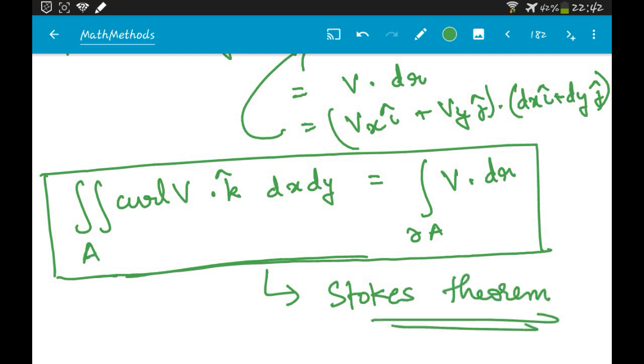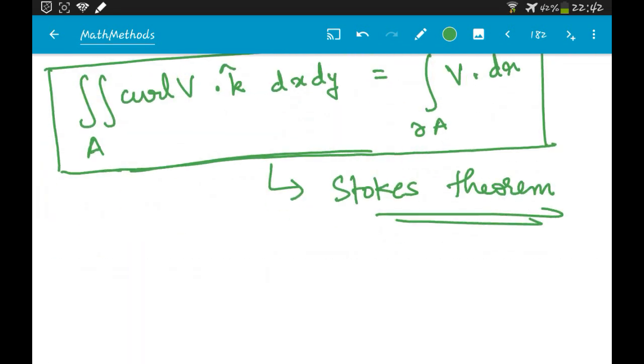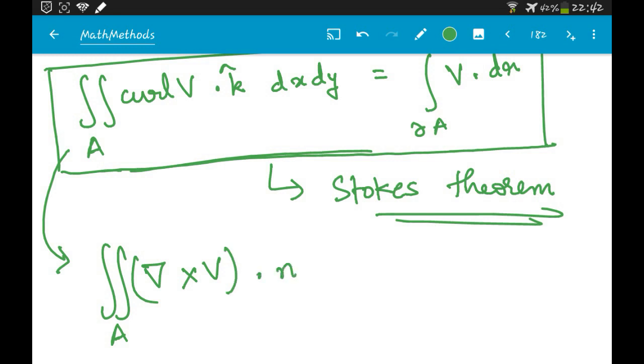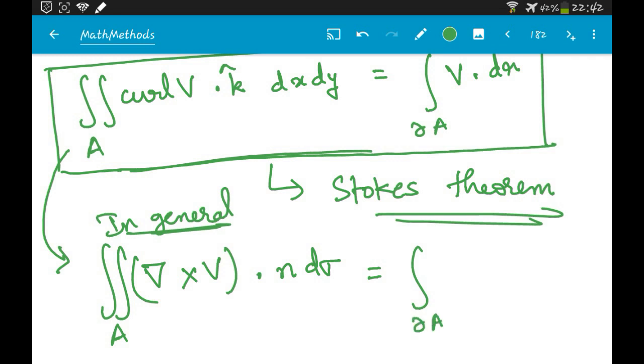This can also be written as the double integral over A of del cross V dot n d sigma. So in general, the following form that I am writing is the general form: n d sigma is equal to the line integral over dou A of V dot dr.